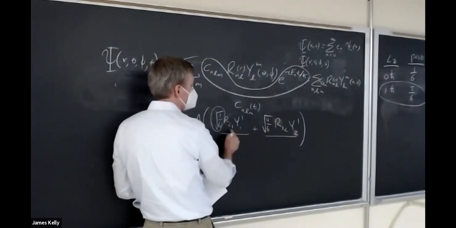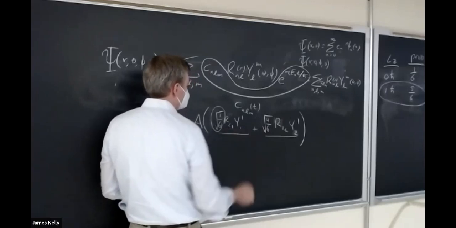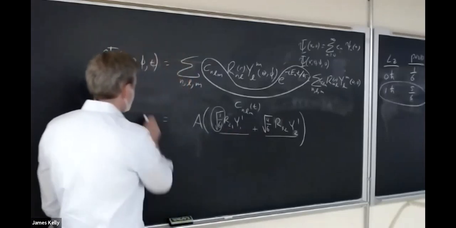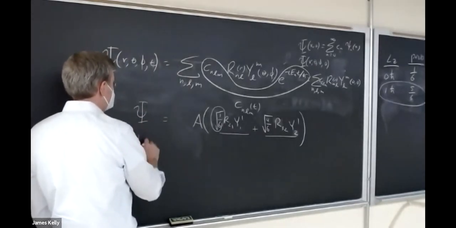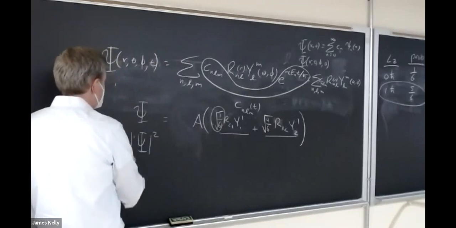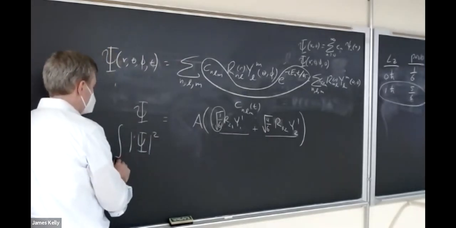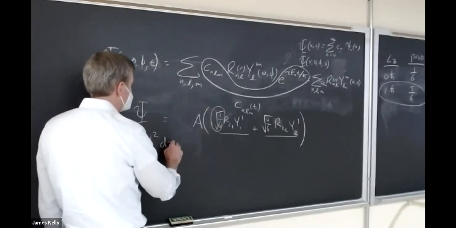We're assuming those symbols represent normalized functions of r and theta and phi. So if this is our psi at time t equals 0, let me calculate the magnitude of psi squared and integrate over all space. I'm just going to be a little bit sketchy. So, d tau for a volume element.